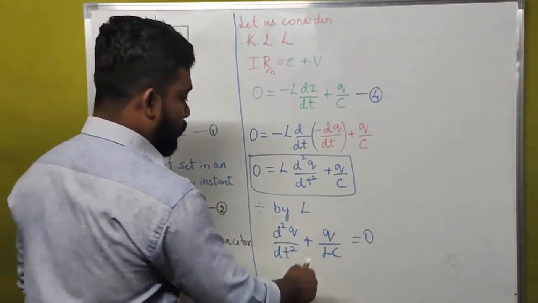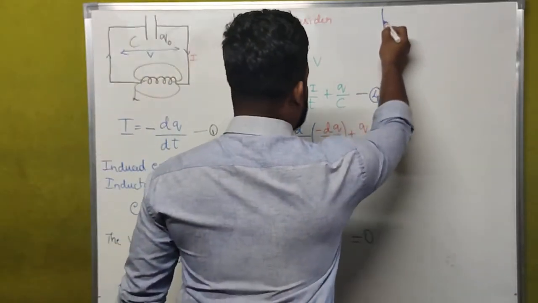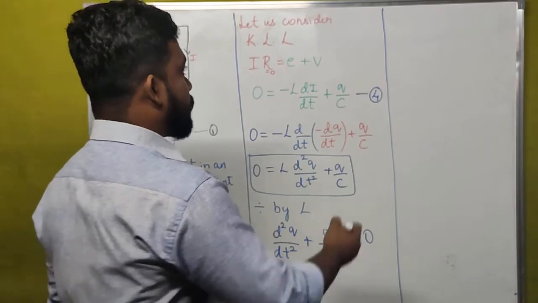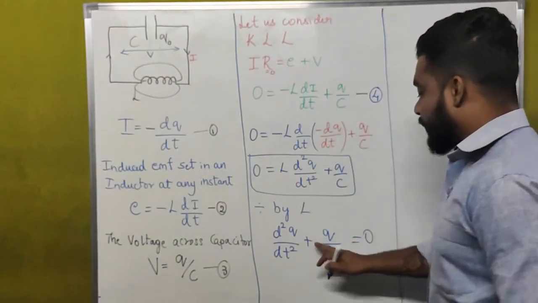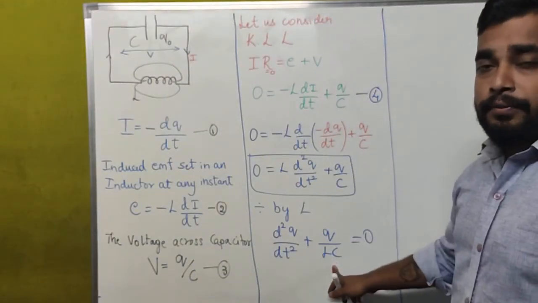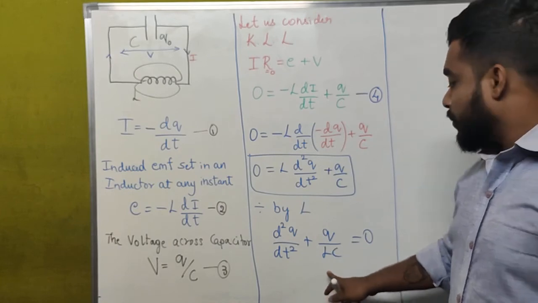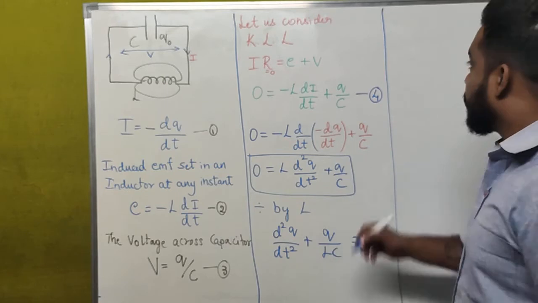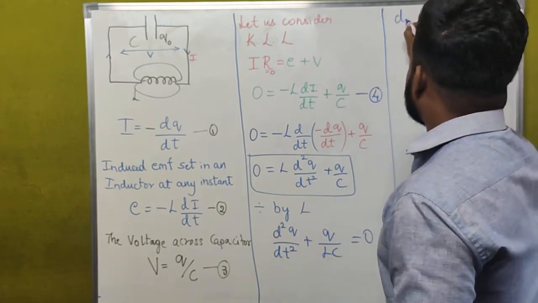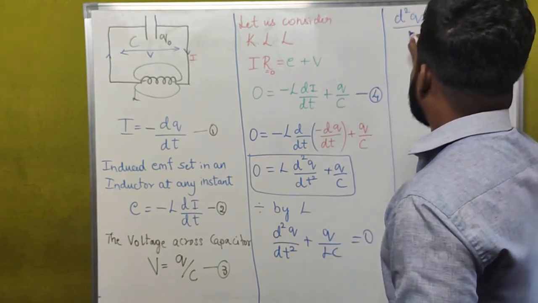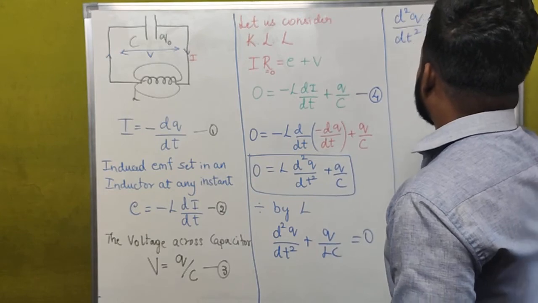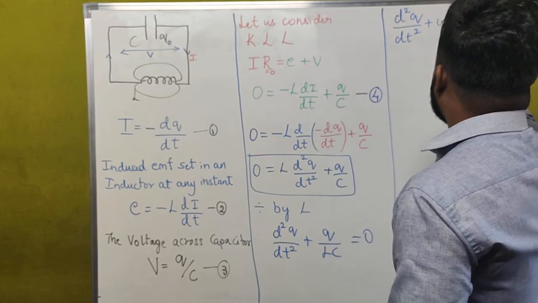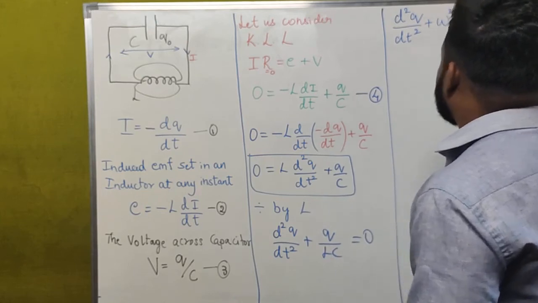This expression looks like... what is the value of 1 over L into C? The value of 1 over L into C is equal to omega square. That is d square q divided by dt square plus omega naught square into q is equal to 0.